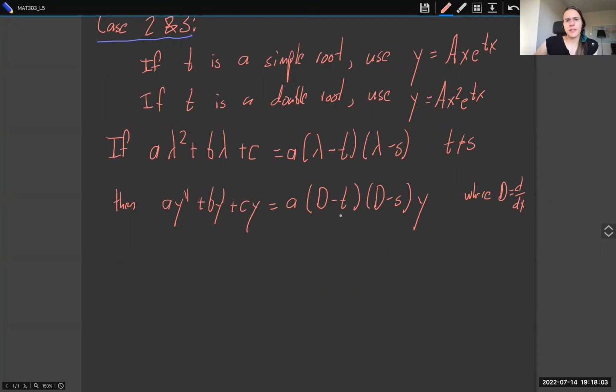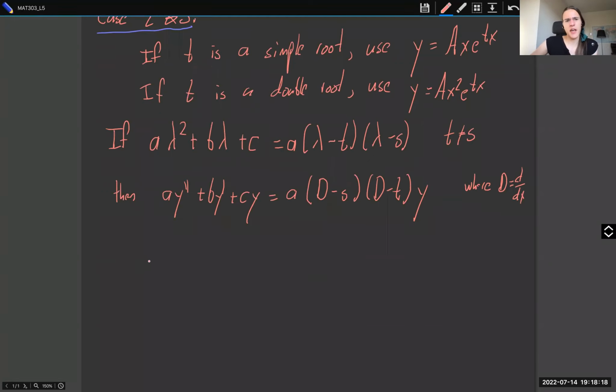Now, let's write it like this, so that the t is applied first. We saw this trick of factoring, and we claimed that this factorization makes sense.